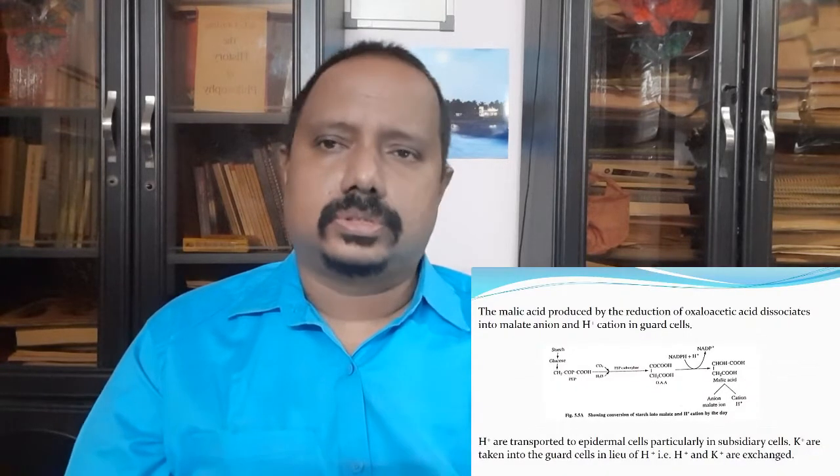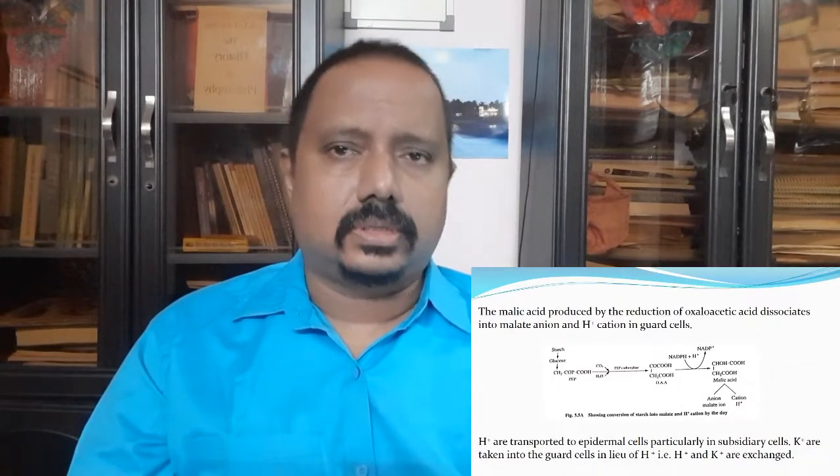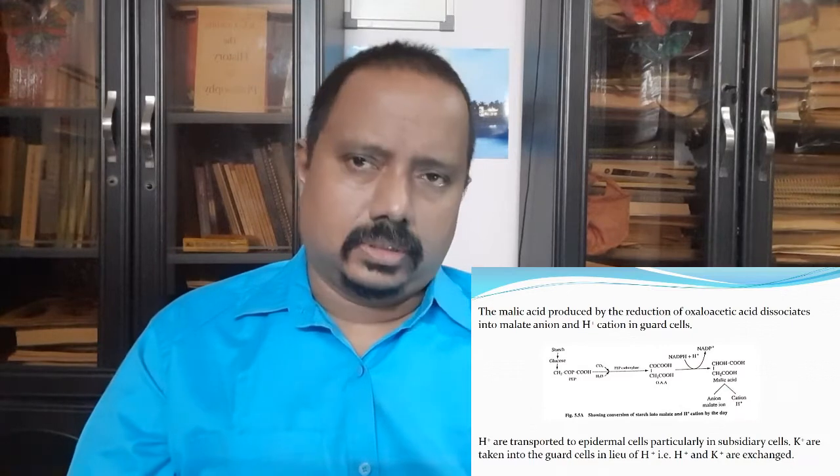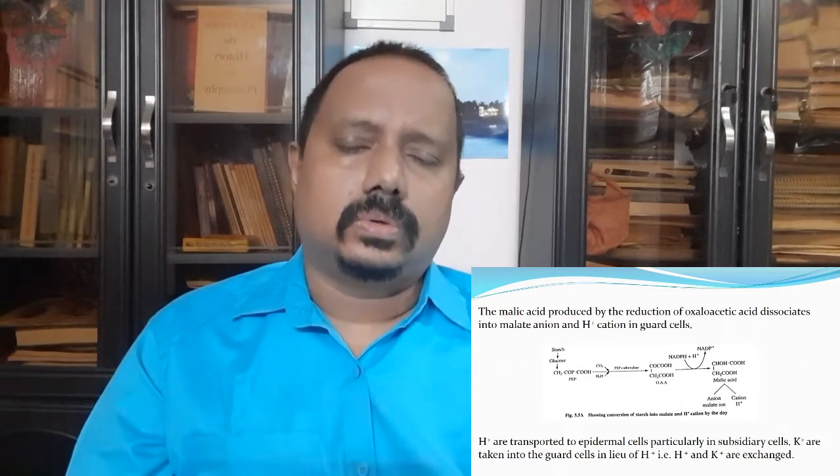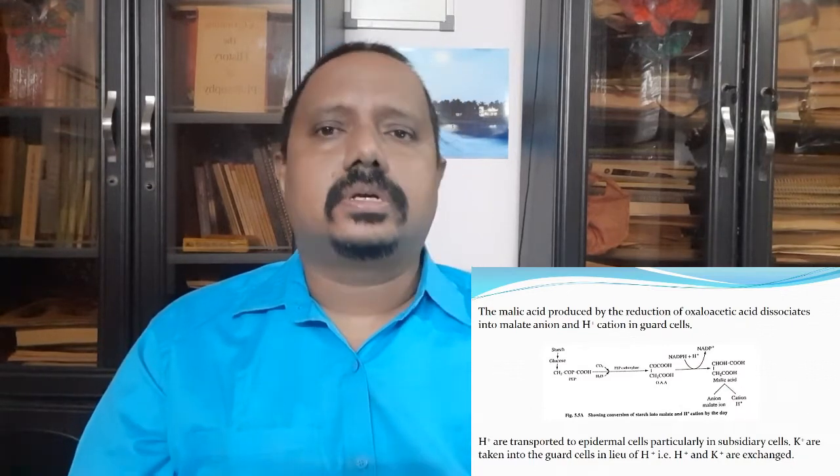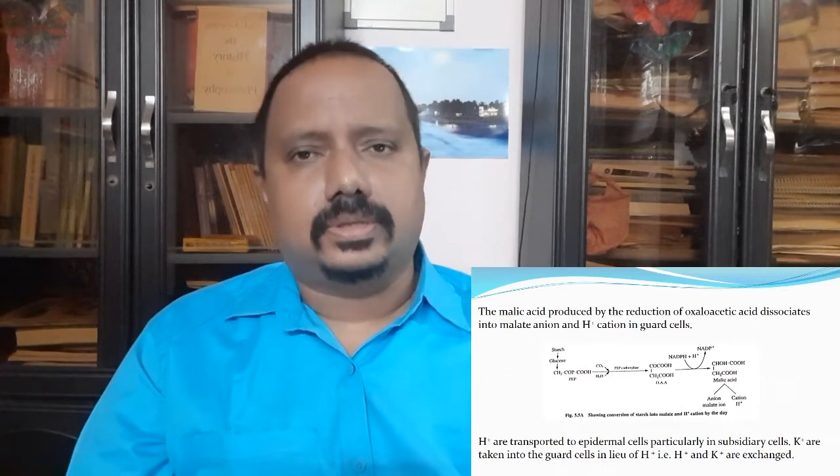According to this theory, the opening of stomata is an energy consuming process. During daytime, the carbon dioxide level decreases inside the cell due to photosynthesis. Then starch is converted into glucose and then undergoes glycolysis. As a result, phosphoenol pyruvate is synthesized.